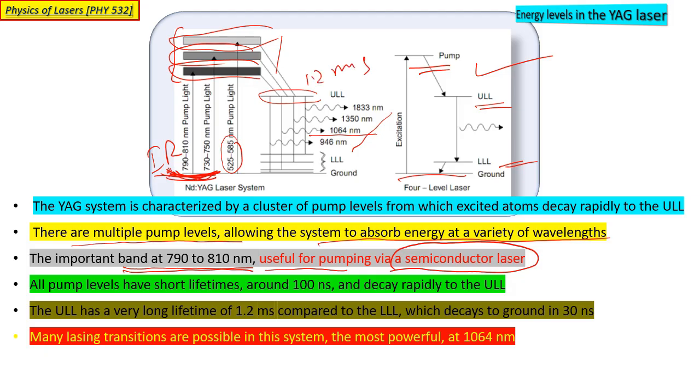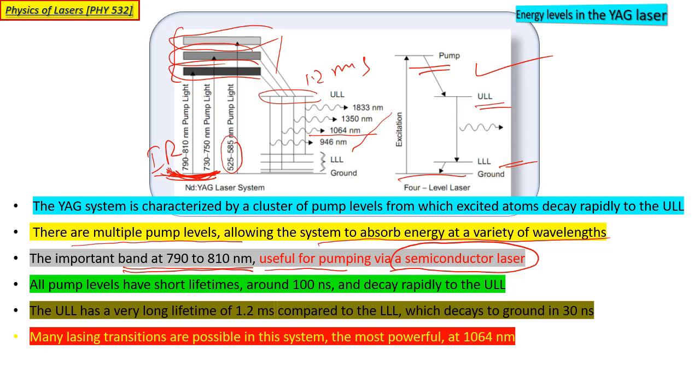It means the atoms decay and stay here to achieve the population inversion, then emit the laser radiation and go to the LL.